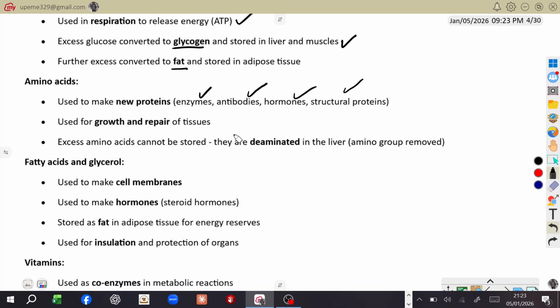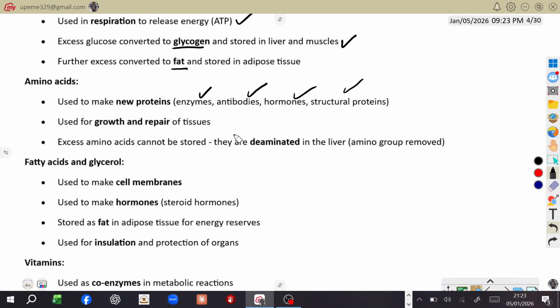Also when people are growing, cells divide. A cell grows, divides into two. Those two again grow and divide into two. So for that growth to happen, there must be a continuous supply of proteins.